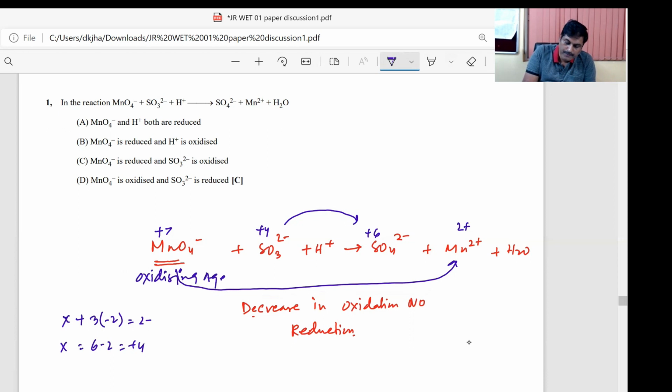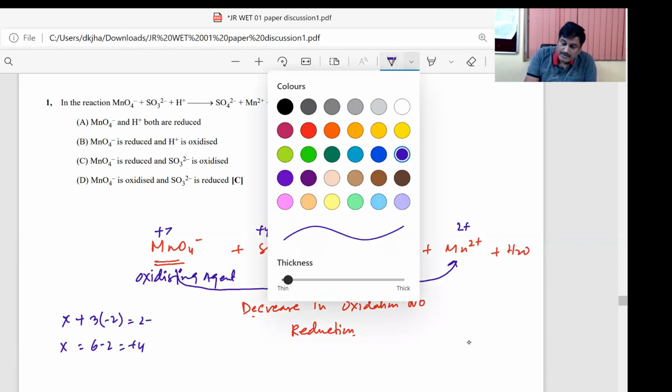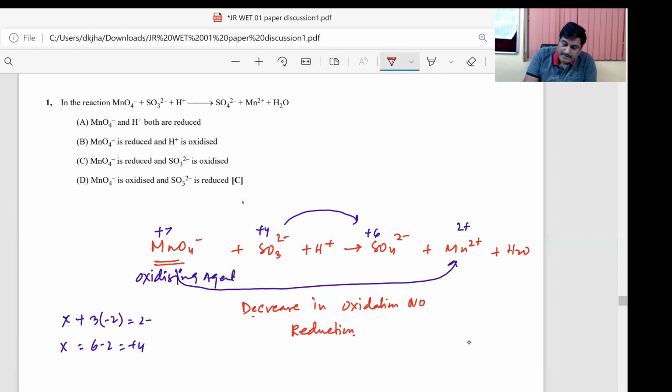Good. And SO3 2 minus, you see this one, plus 4 to plus 6. What is happening here? An increase in oxidation number, right? An increase in oxidation number is oxidation.